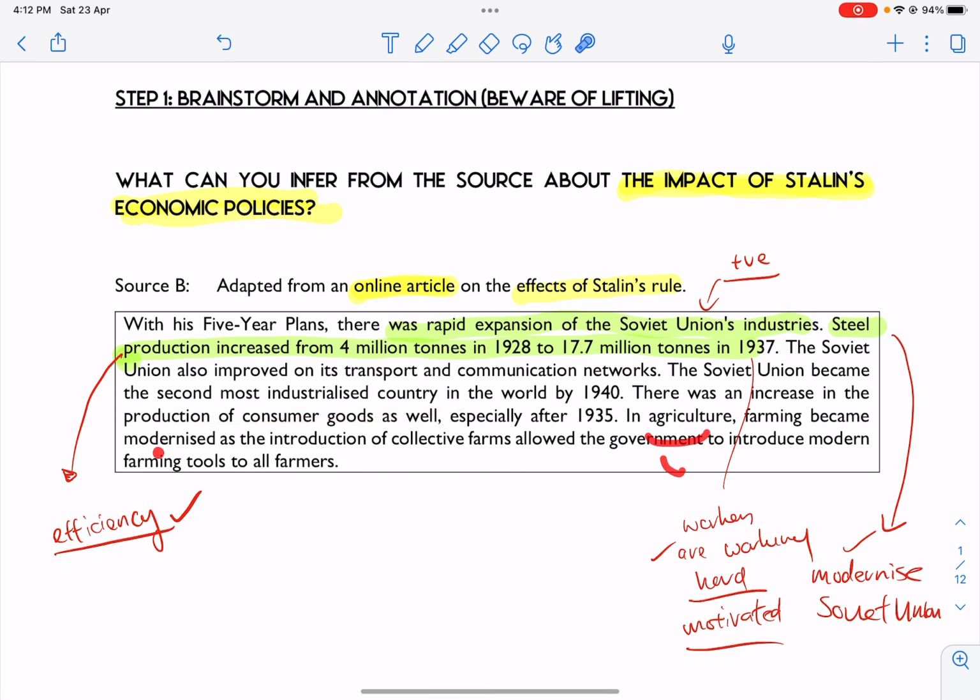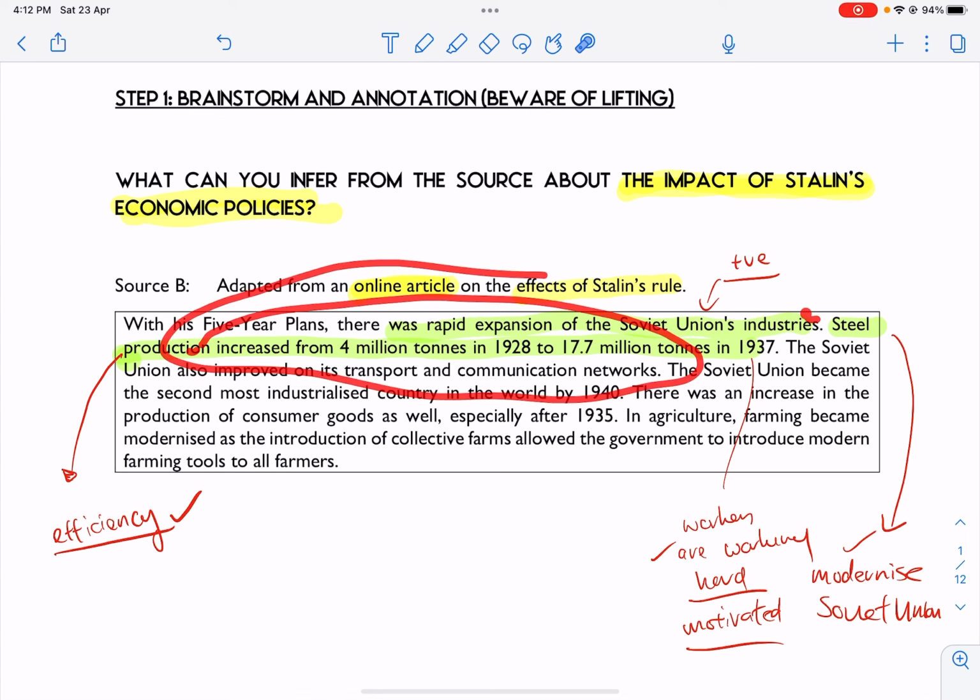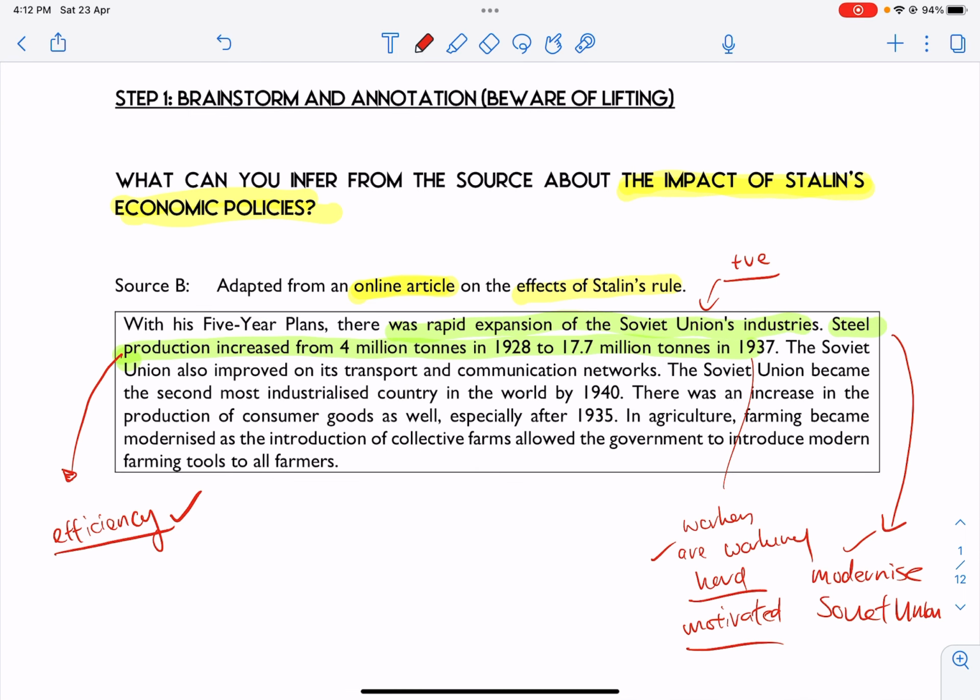Agriculture farming also became modernized due to the collective farms, and the tools being introduced to all the farmers. Clearly, because I'm talking about increase in tons of coal and steel production, this is referring to industrialization as well. So I will annotate down here, this is referring to industrialization.